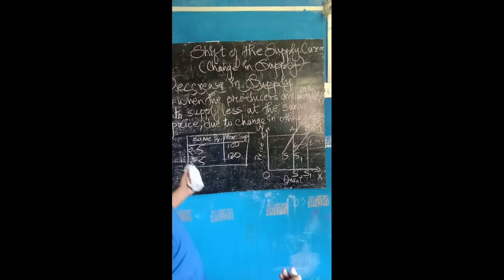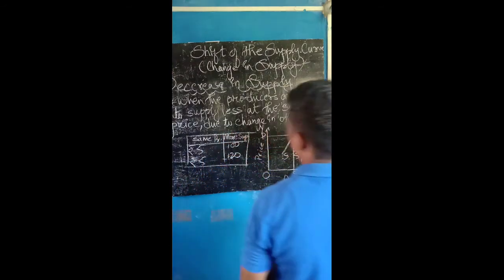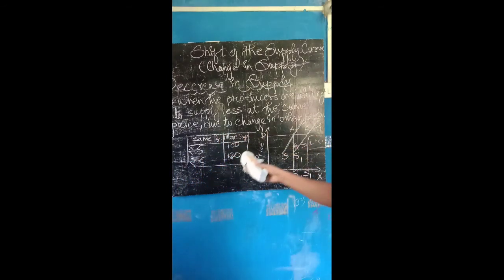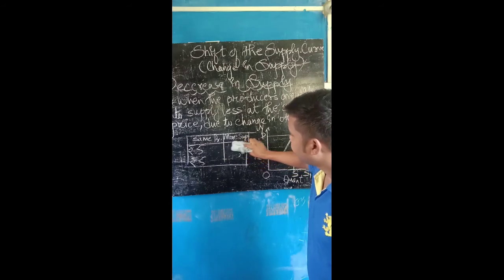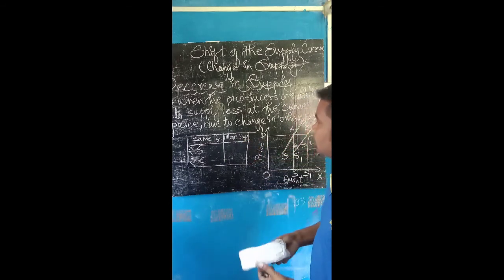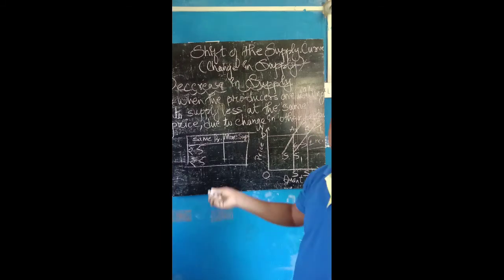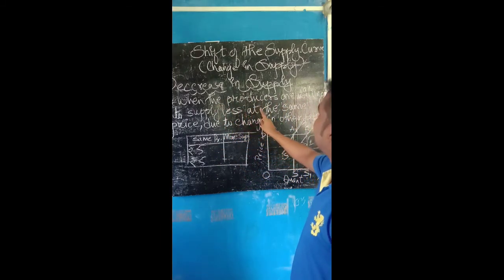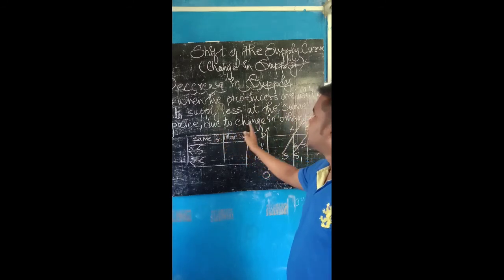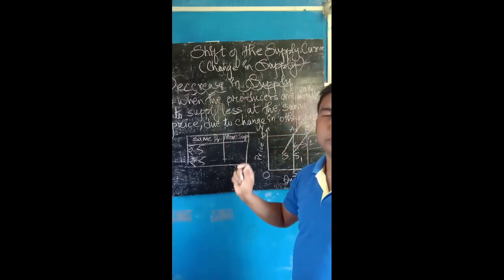That means the producers are willing to supply less at the same price due to change in other factors. Okay, decrease in supply. When the producers are willing to supply less at the same price due to change in other factors. So, this is enough.